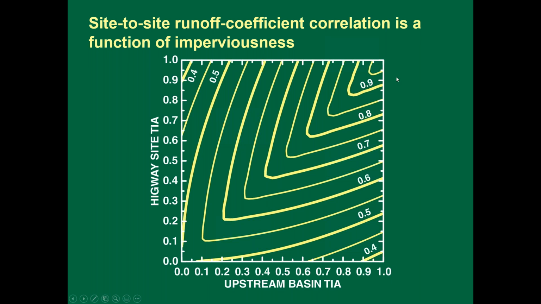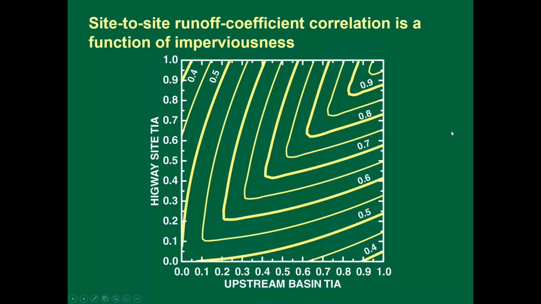So if the upstream basin and highway are both completely paved, both with an imperviousness of 100%, those two surfaces are going to behave the most similarly. So our maximum here would be a correlation of about 0.98. But how often do you have a fully impervious upstream basin?